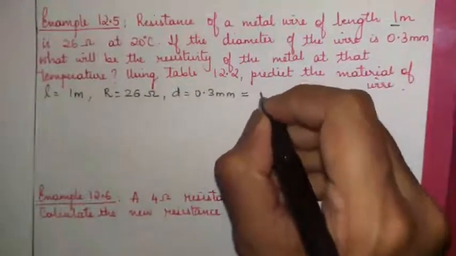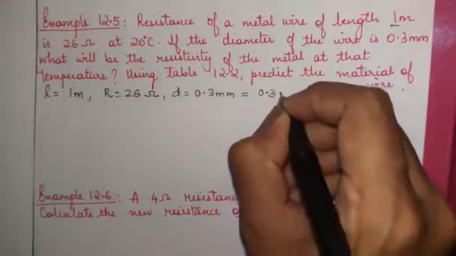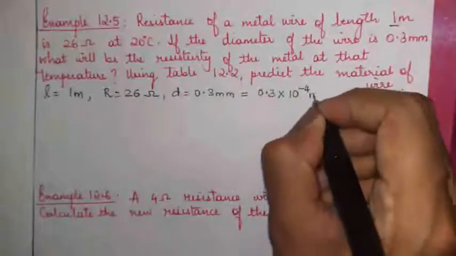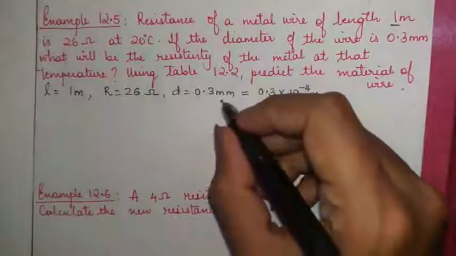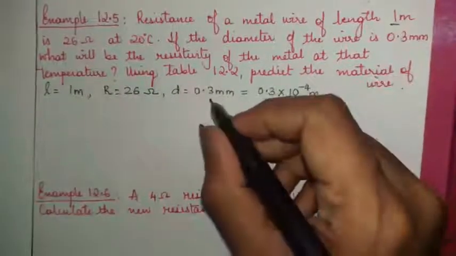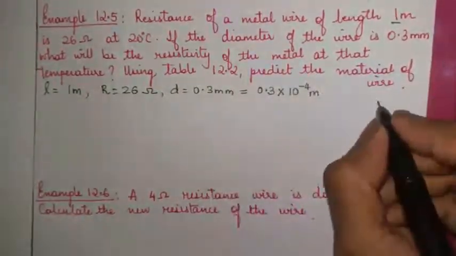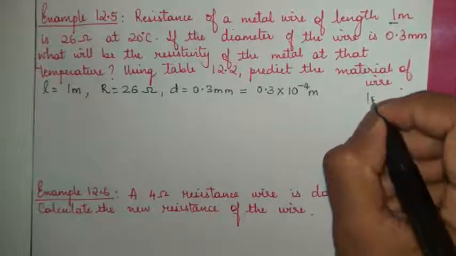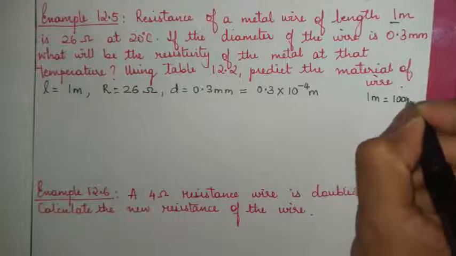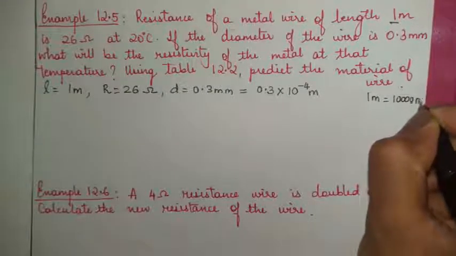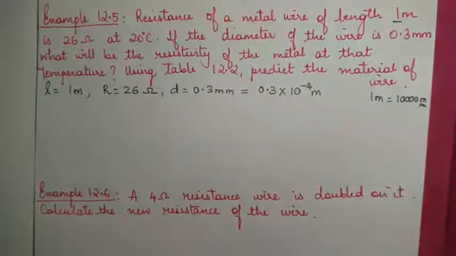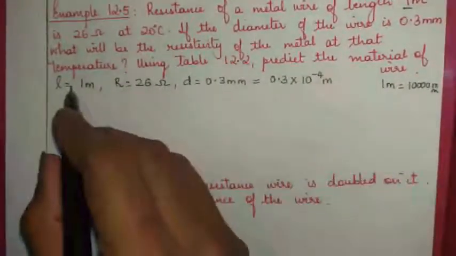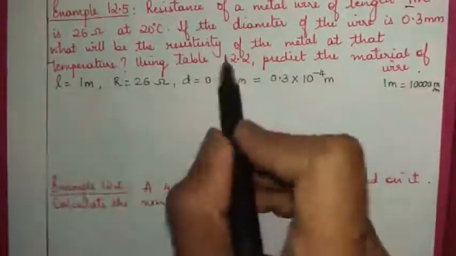So that is equal to 0.3 multiplied by 10 raised to minus 3 meters, because 1 meter is 1000 millimeters. And the length we are given is 1 meter. That's right. What will be the resistivity?